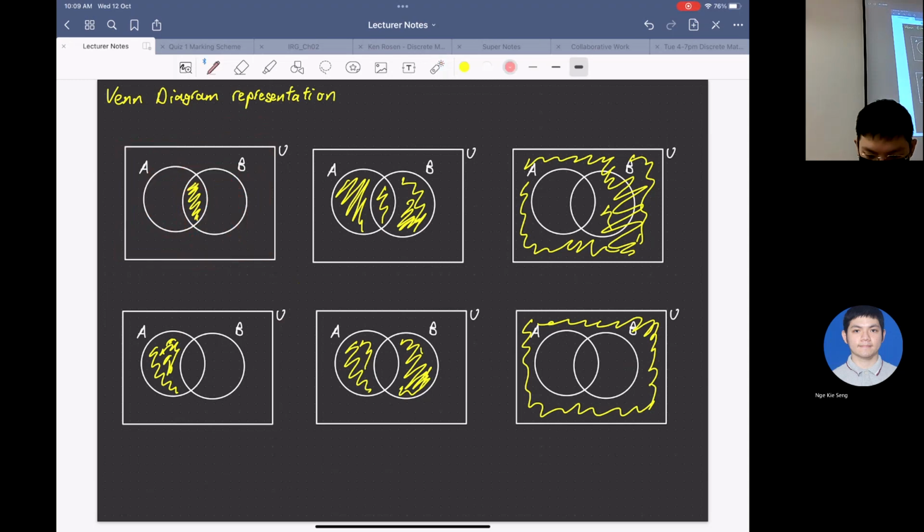Let's ponder these figures and try to write out what operation between these two sets will give each of these six shaded regions. Maybe spend another 2 minutes and try to write out what operation between A and B can give you the shaded region. Try.